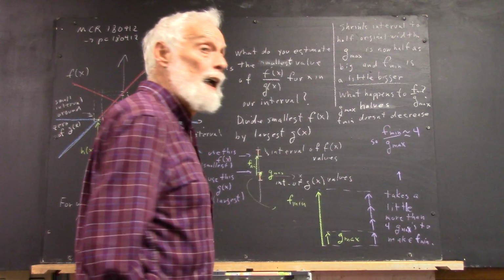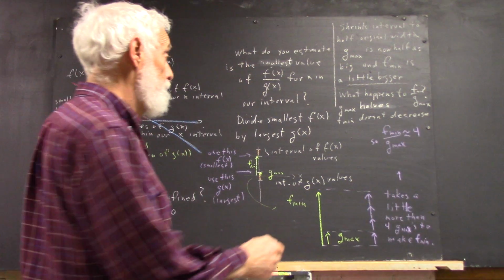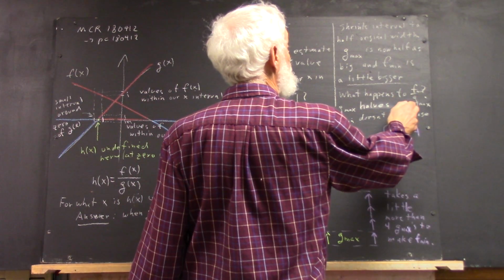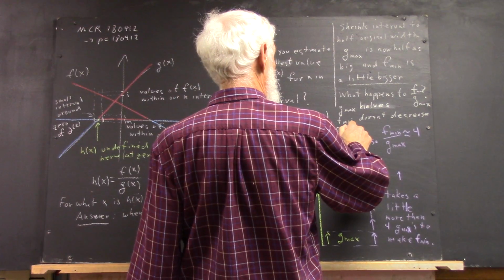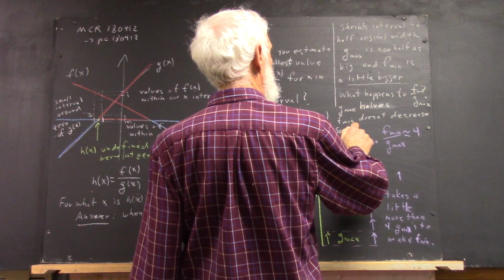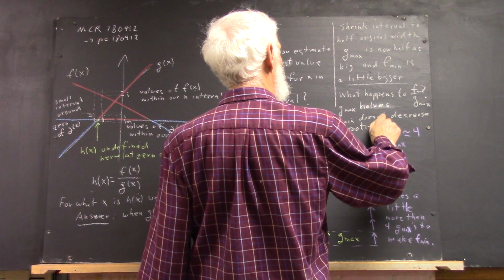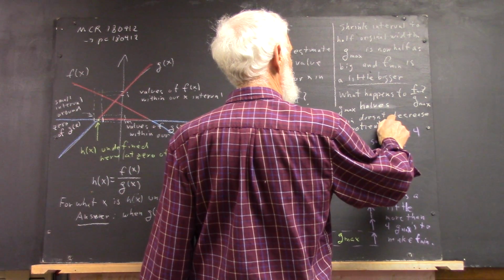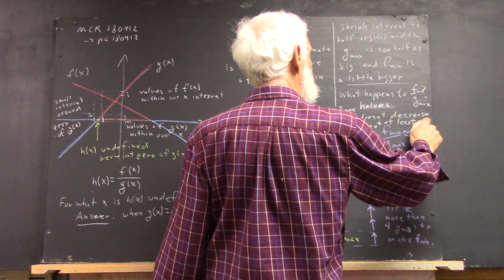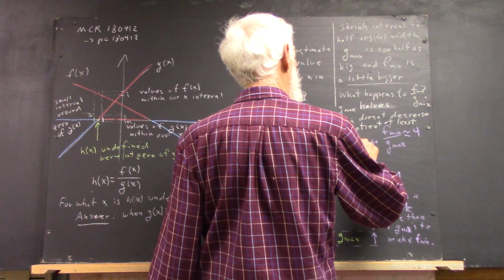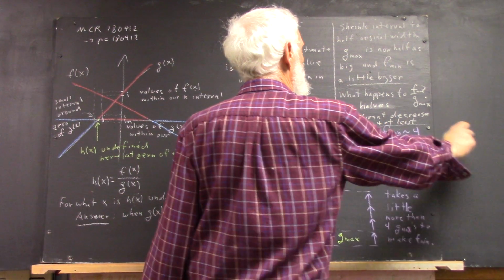G max becomes half as big. Okay? So we need at least twice as many of these to make this. So our quotient at least doubles.